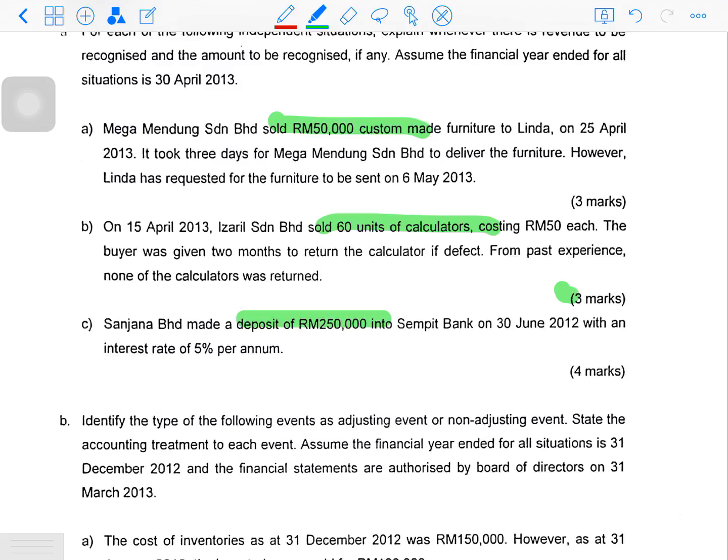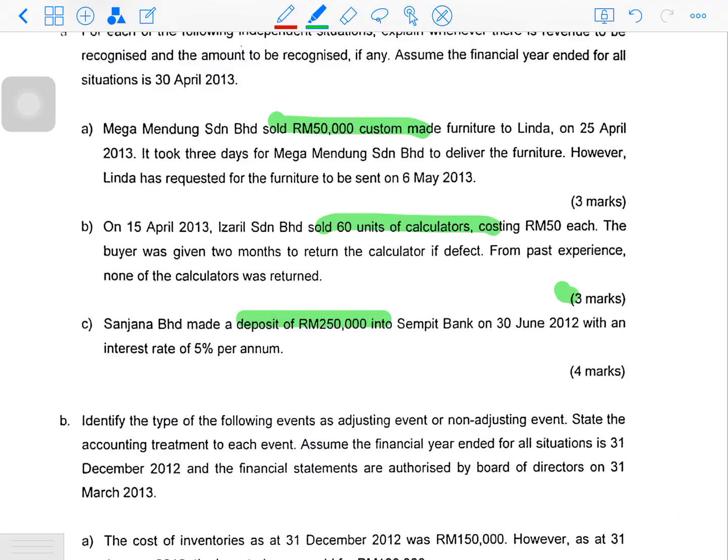Okay? So it says here, the buyer was given 2 months to return the calculator if defect. From past experience, none of the calculators was returned. So here, how should you recognize the income or the revenue? Through past experience, no return, kan? So you can recognize immediately, right?